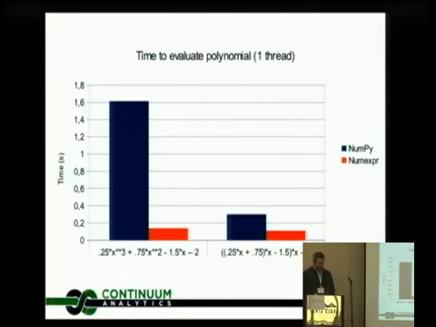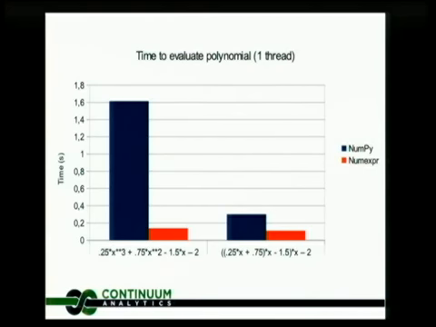So that lets us, well, this is the timing for the first version of the polynomial, and here is the second version. NumPy reduces very much the time to compute the polynomial, but numexpr continues to be faster.